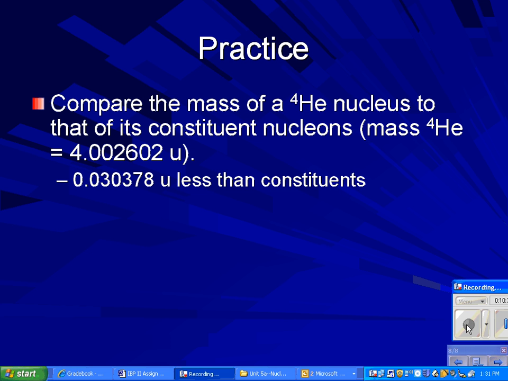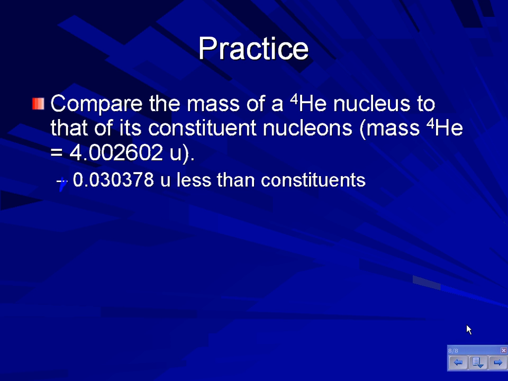So remember to take into account that oftentimes when you're given the mass of an atom, that includes the electrons. So that's something to consider, unless it specifies that it's the mass of the nucleus. If this is the mass difference, could we calculate the binding energy in that nucleus? What would you do?